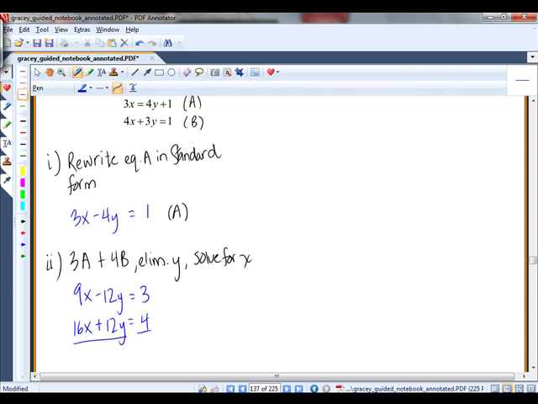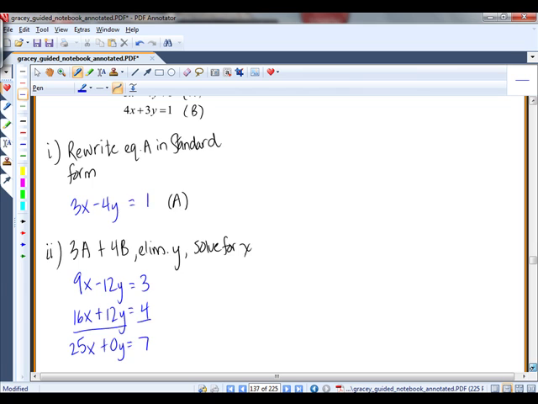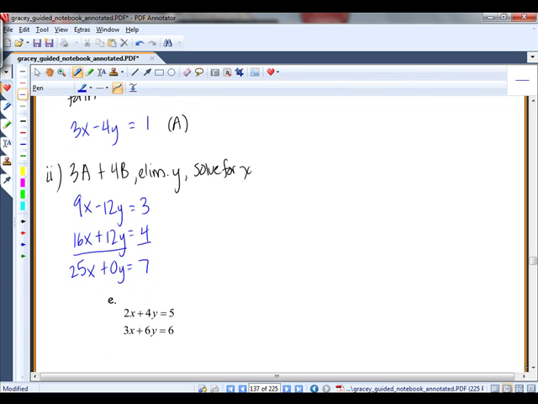And then when I add these, I'll get 25x plus 0y equals 7, which gives a result of 25x is equal to 7. So x, when I multiply both sides by 1/25, will be 7/25.